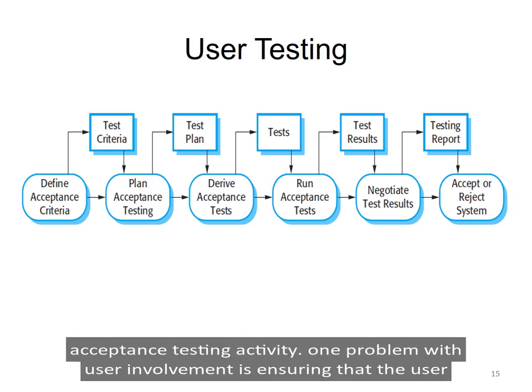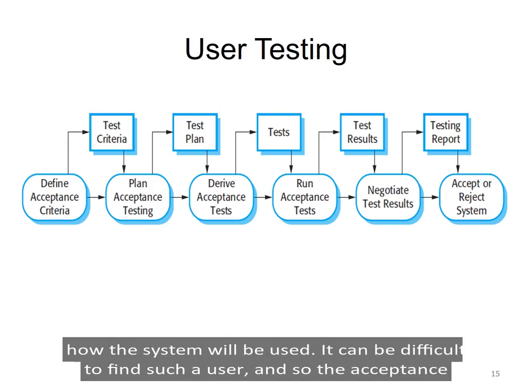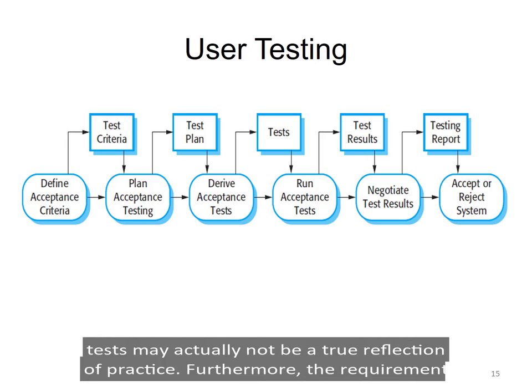One problem with user involvement is ensuring that the user who is embedded in the development team is a typical user with general knowledge of how the system will be used. It can be difficult to find such a user, and so the acceptance tests may not be a true reflection of practice.